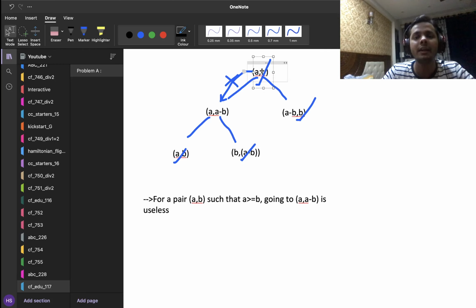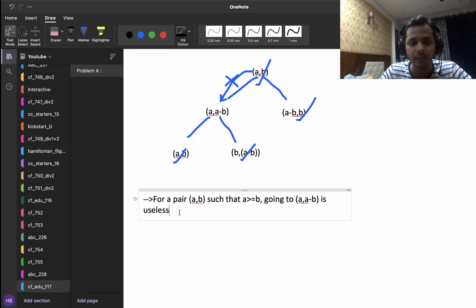If we are at a comma b, the only new term being introduced is a minus b, and that term is there on the left side as well as the right side, so it doesn't really matter. But if we go to the left side, there will be no extra new terms introduced, because the next two values I will get are those which I have already considered previously. That will just be a waste of time.